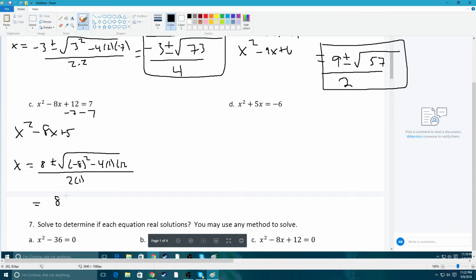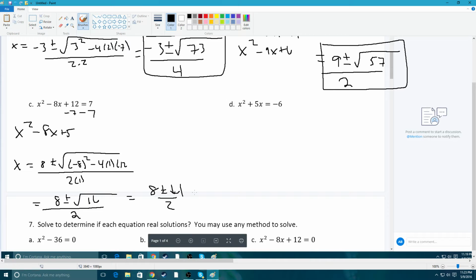And that's 8 plus or minus the square root of 64 minus 48, I believe, is 16, all over 2. And that's actually 8 plus or minus 4 over 2.